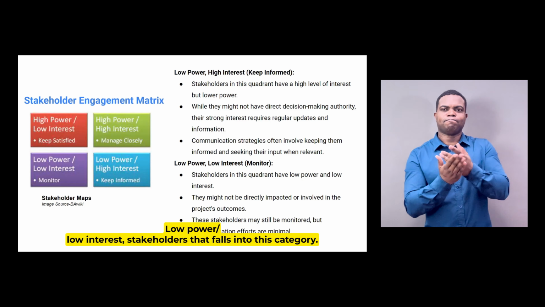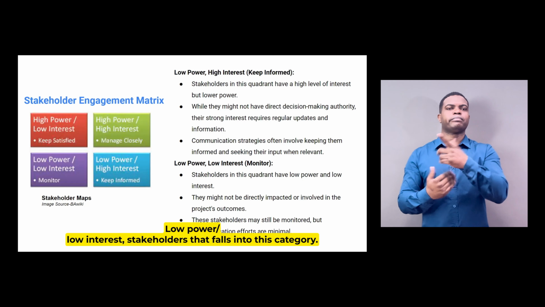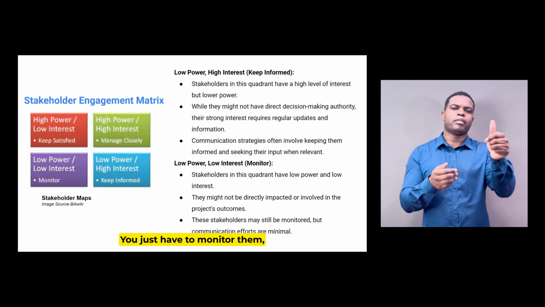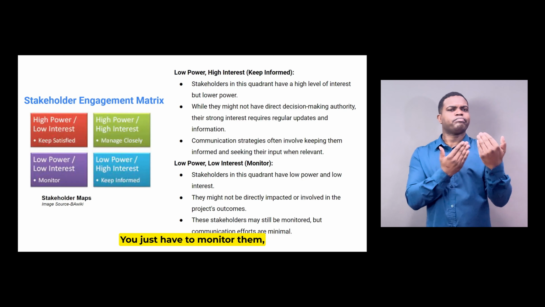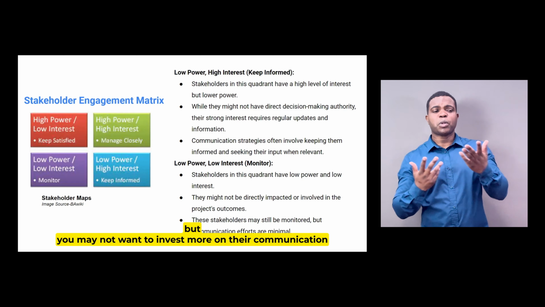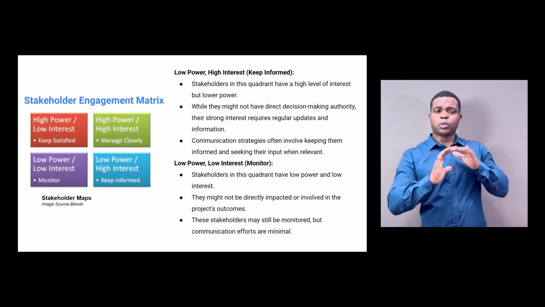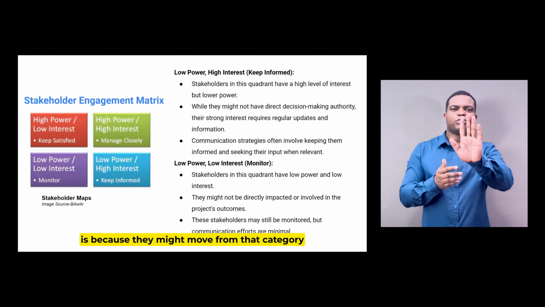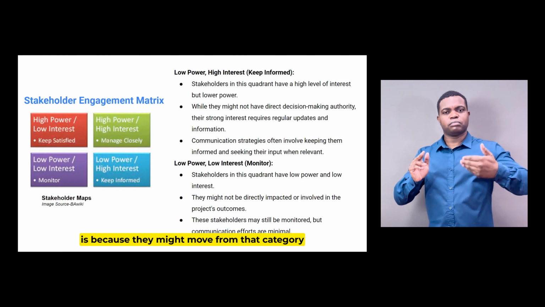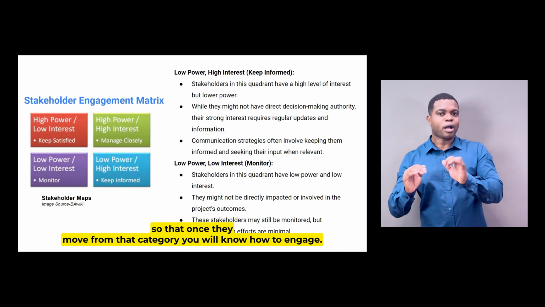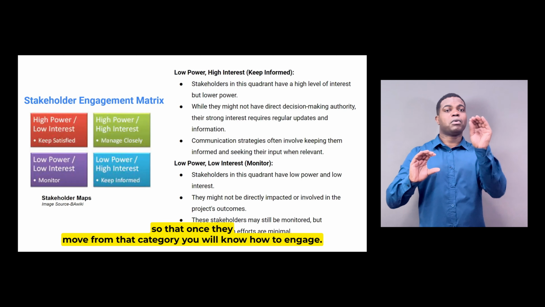Low power, low interest stakeholders fall into this category. You just have to monitor them, but you may not want to invest more in their communication efforts. The reason you need to monitor them is because they might move from that category to another, so that once they move, you will know how to engage.